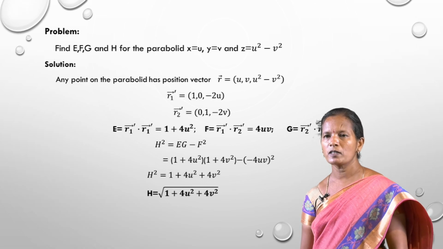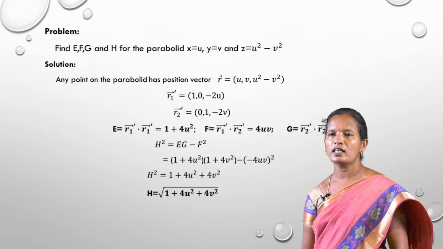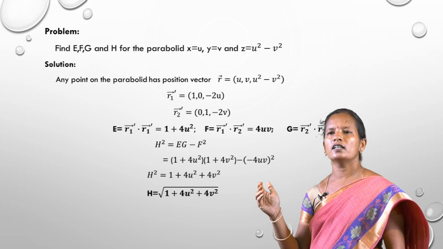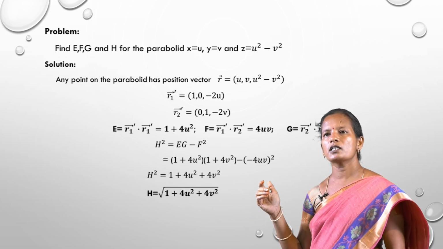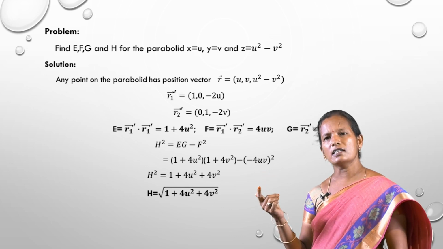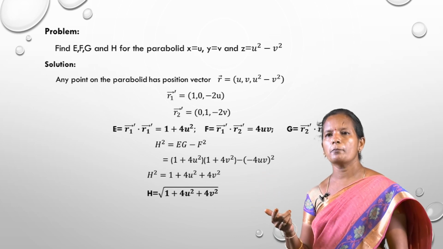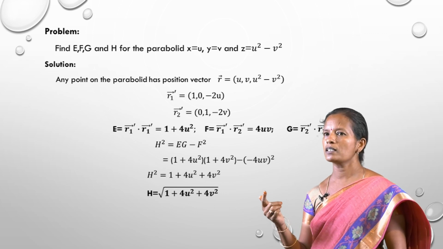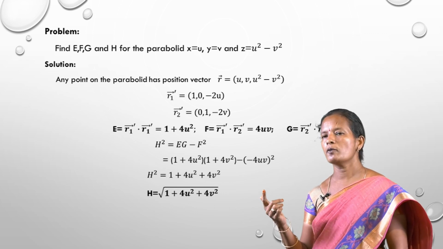Another problem here: find E, F, G and H. Find the values of E, F, G and H for the paraboloid x equal to u, y equal to v and z equal to u squared minus v squared. Any point on the paraboloid has position vector r vector, which you know well is (x, y, z).